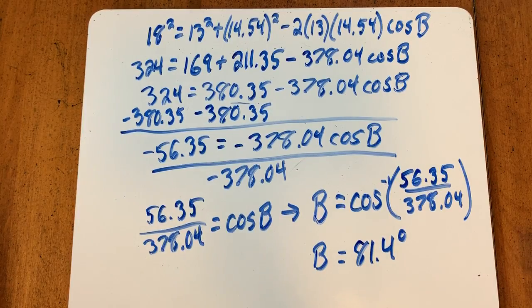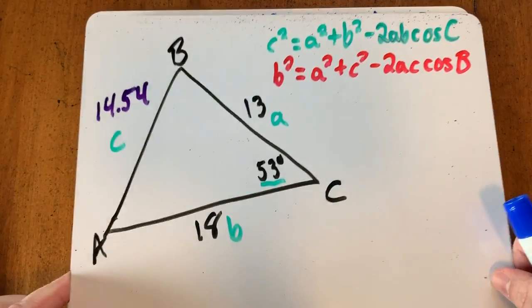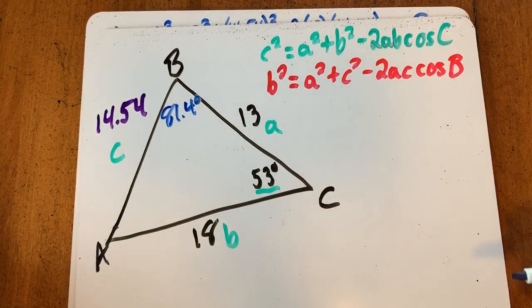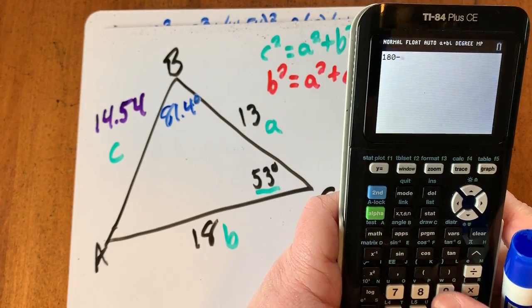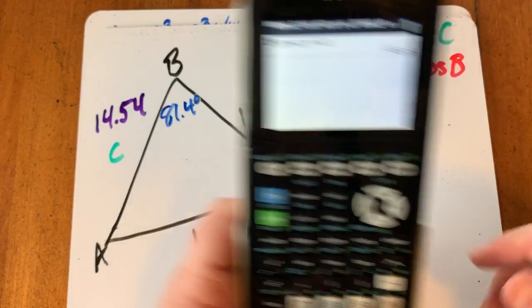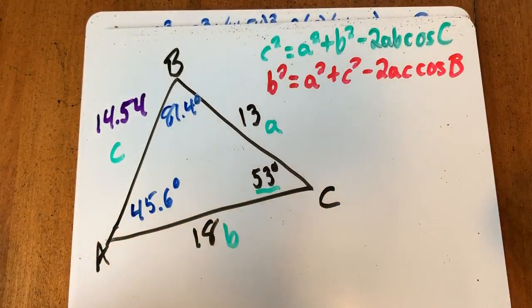So that's our measure of angle B, 81.4 degrees. And all that's left is finding the measure of angle A, which is just using the triangle angle sum theorem. So subtract 81.4 and 53 from 180, leaving us 45.6 degrees.